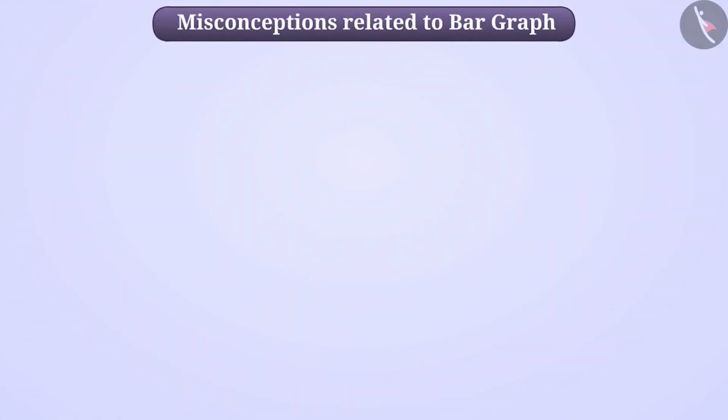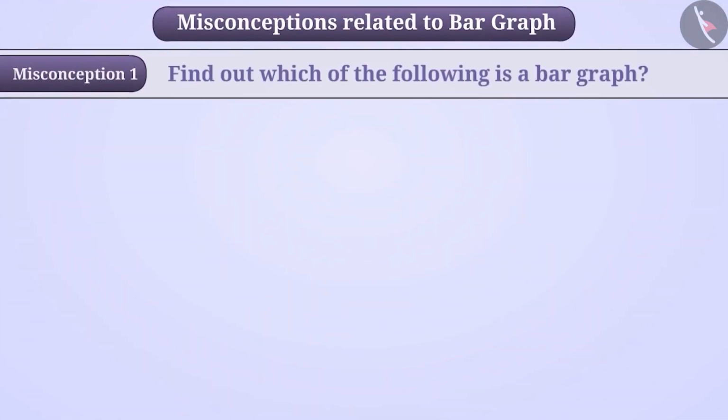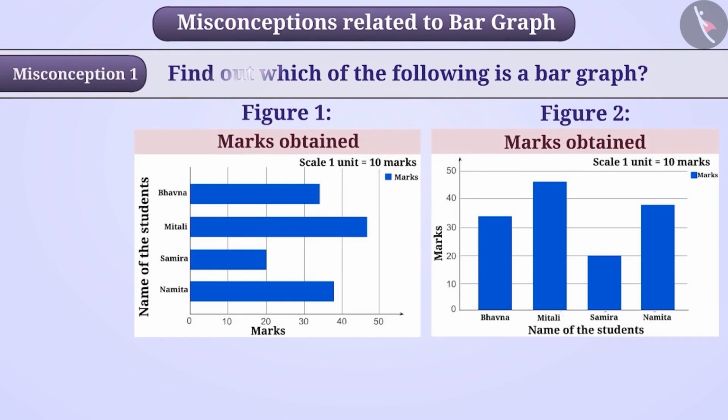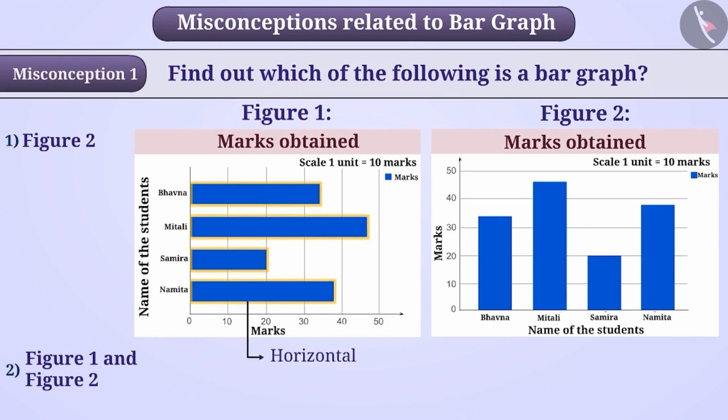Misconception 1. Find out which of the following is a bar graph? Here, the bars drawn in figure 1 are horizontal and the bars drawn in figure 2 are vertical.